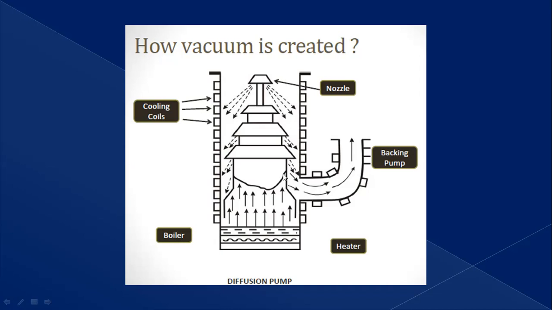Those are forwarded into the chamber through the nozzle. While these oil vapors are sucked up by the backing pump, the oil molecules evacuate the air molecules inside the chamber by catching those molecules along with them. This is what is happening in a diffusion pump.